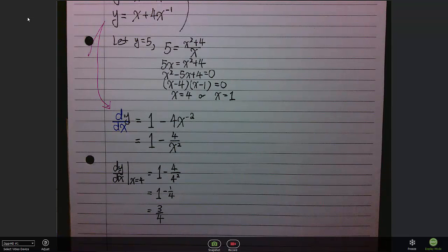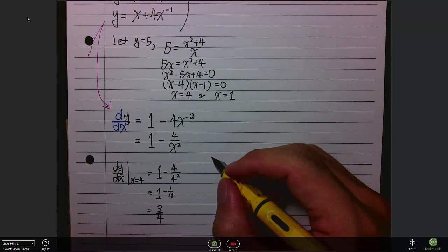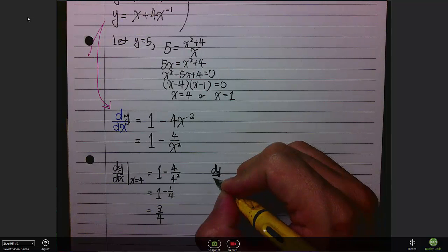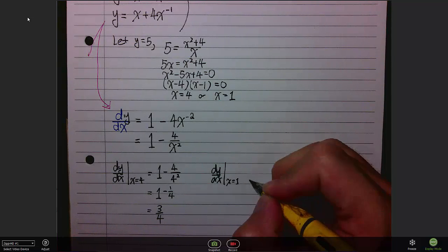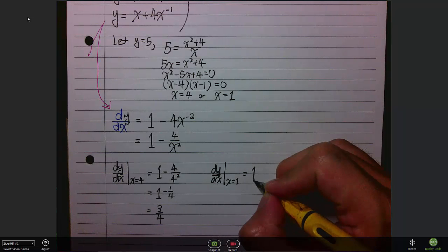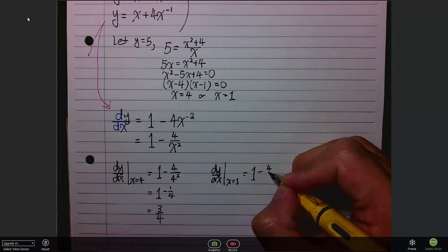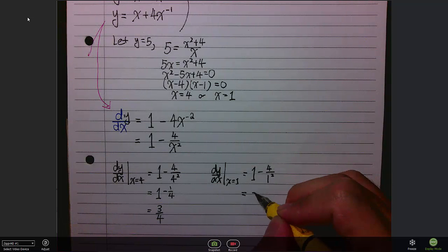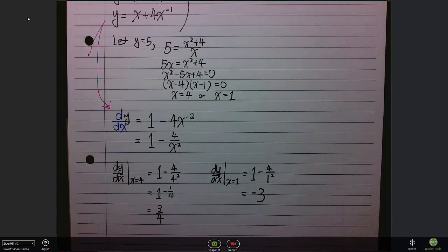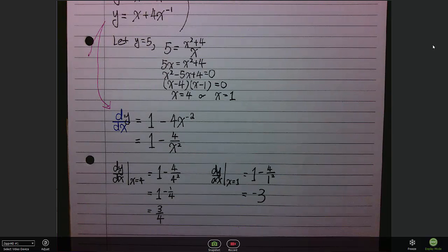Then for x equals 1, I get 1 minus 4 over 1 squared, so my gradient is -3. So when y equals 5, the gradient of the graph can be either 3/4 or -3.